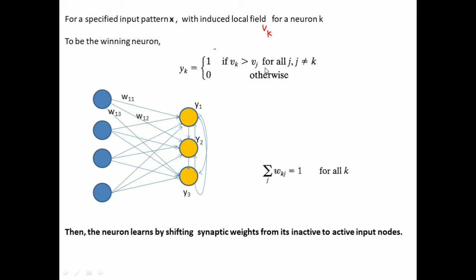It means for all j, Vk is greater than Vj, that is, the induced local field of this neuron k must be greater than any of the other neurons in the given network, where j is not equal to k.